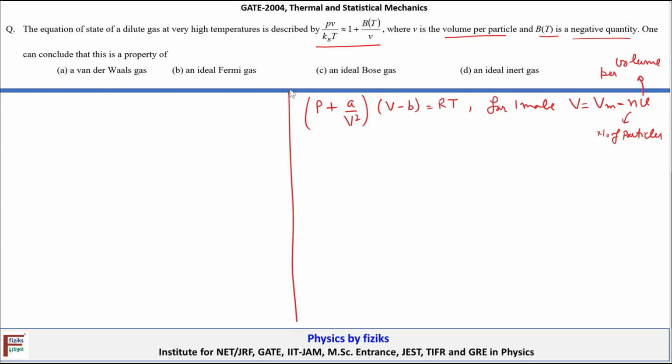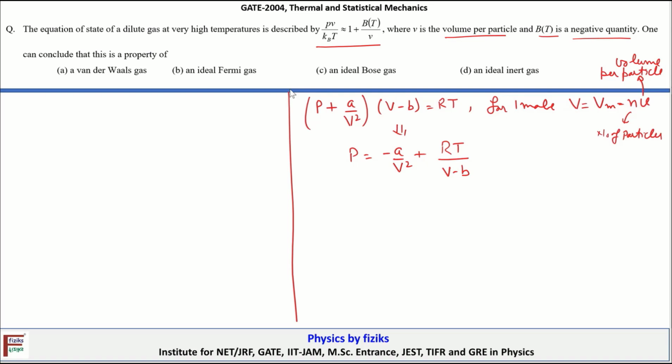Volume per particle. Okay, so then this equation can be written as P equal to minus A upon v square plus RT upon v minus b.